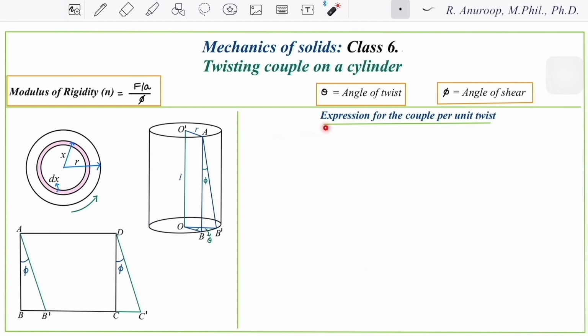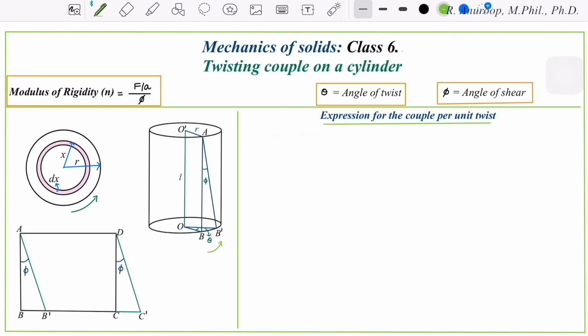Now let us find the expression for the twisting couple on a cylinder. Consider a cylindrical rod of length L and radius R. The upper end is fixed or clamped and the lower end is twisted by an angle theta as shown in the arrow.